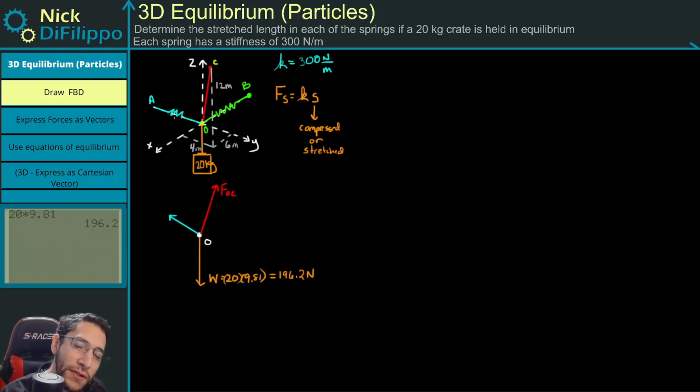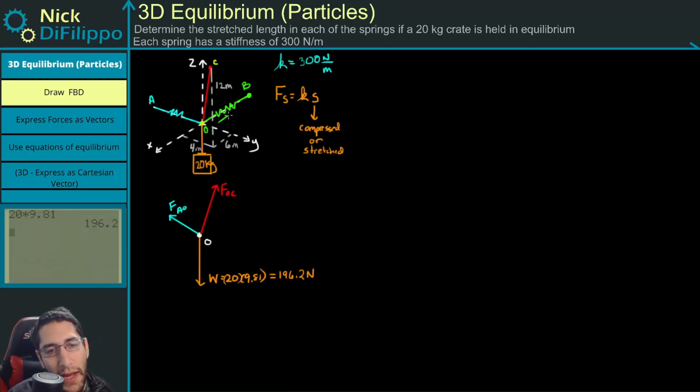Well, if our spring is being stretched, it's going to get pulled this way, and it's going to exert a force. A spring always exerts a force that wants to bring it back to its unstretched position. So if we're pulling it in this positive y, it's going to exert a force back to us along the negative y. So this force right here, I'll call this F_AO, is in the negative y direction.